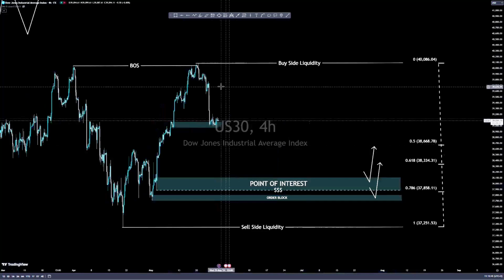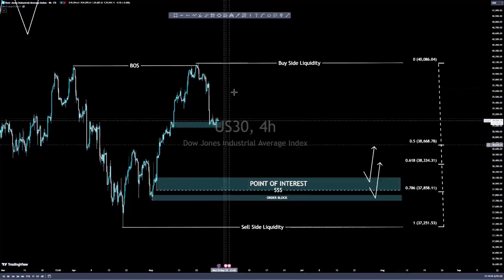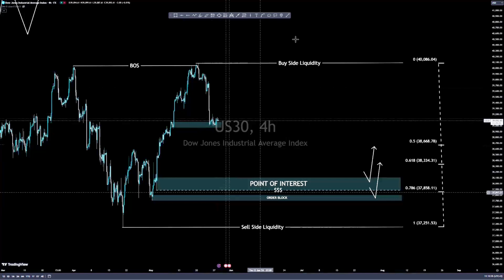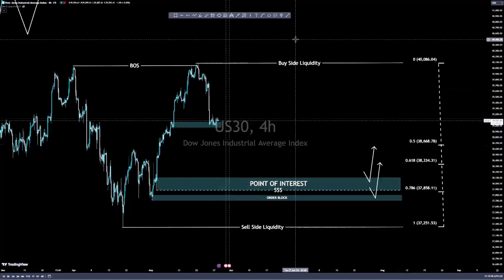Like I said, the possibility is price continuing its buy, coming to the supply zone, then coming back down to mitigate one of these two zones. Then we continue to go up. So that's all from me right now.